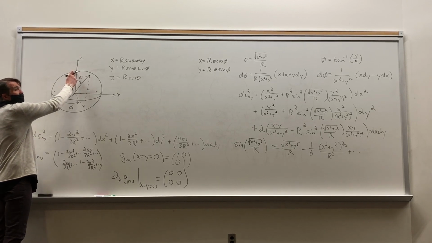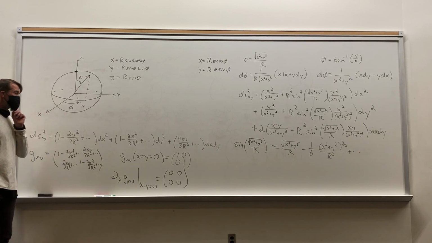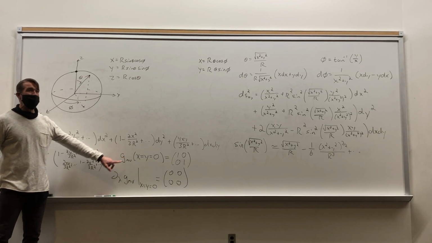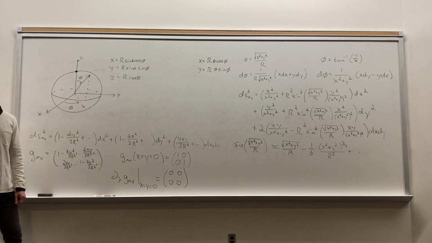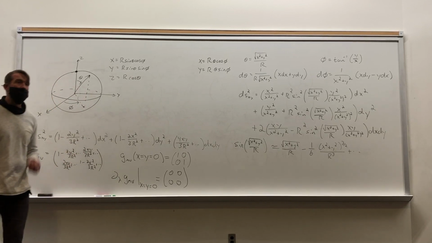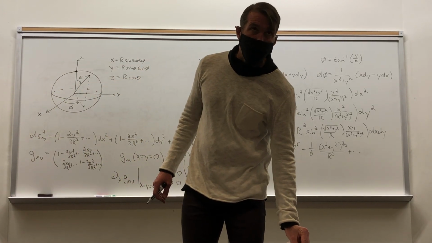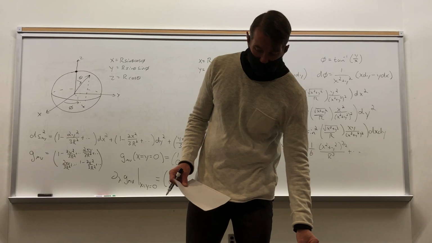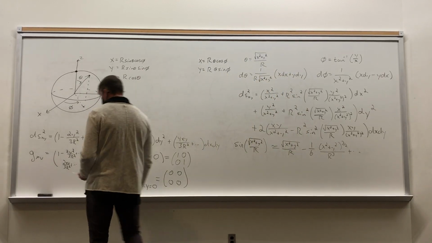We can choose coordinates to make this look somewhat flat in the sense that the metric takes a form and the derivative of the metric is 0, but the second derivative will still not vanish. The second derivative will be non-zero over this whole thing. Okay? So we are going to build something out of the second derivative of the metric in order to do this. Okay, and that's going to come in time.